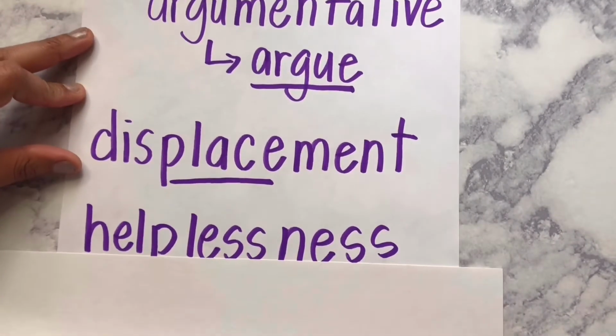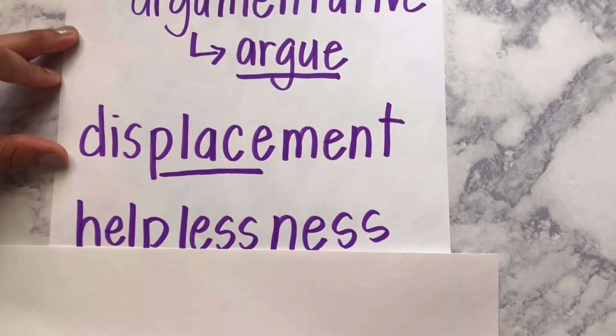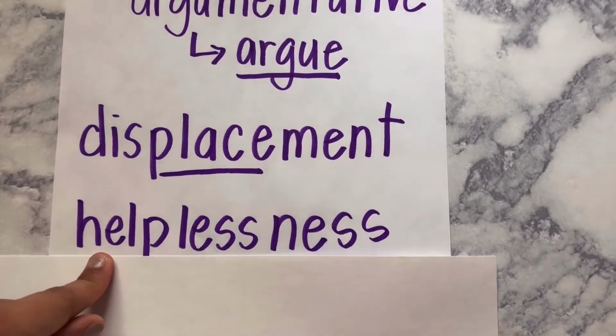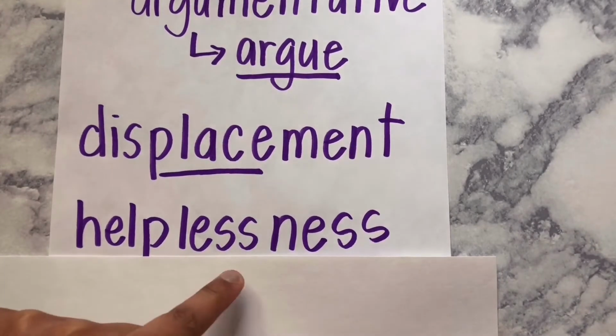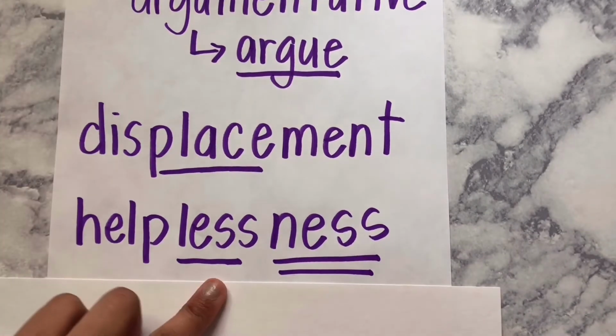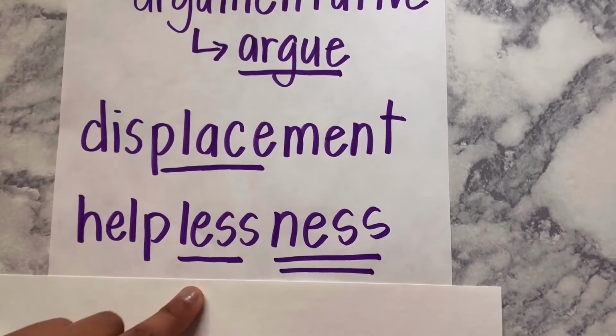And one more. This one says helplessness. And yes, you noticed correctly. The base word is help. And then we have two suffixes at the end. Helpless and then helplessness.